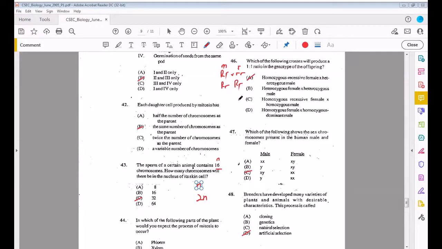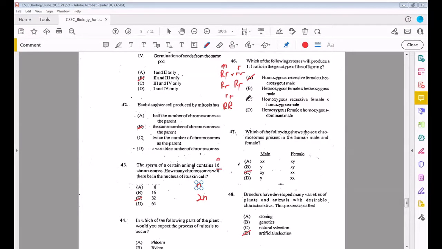Then the third one, a homozygous recessive female and a homozygous male. And a homozygous female and a homozygous dominant male. So a homozygous dominant male and a homozygous female. And we have here a homozygous recessive.